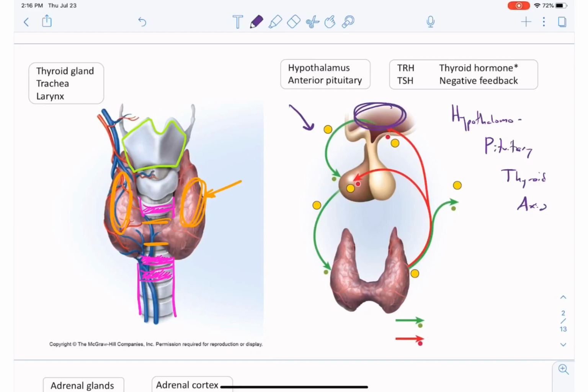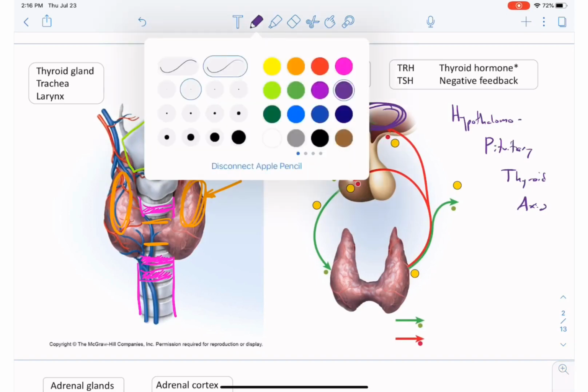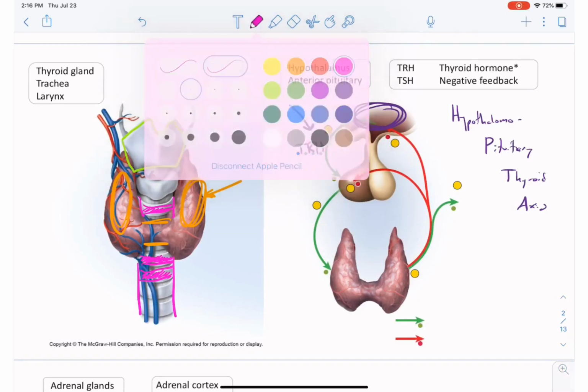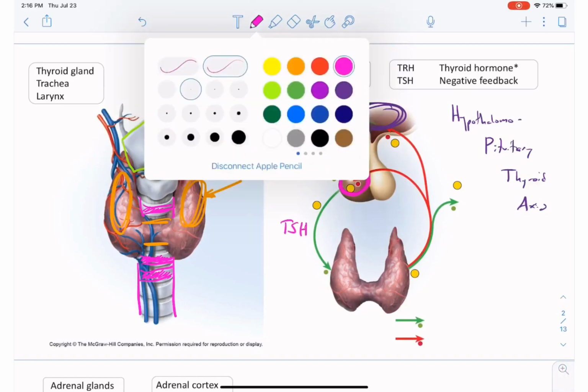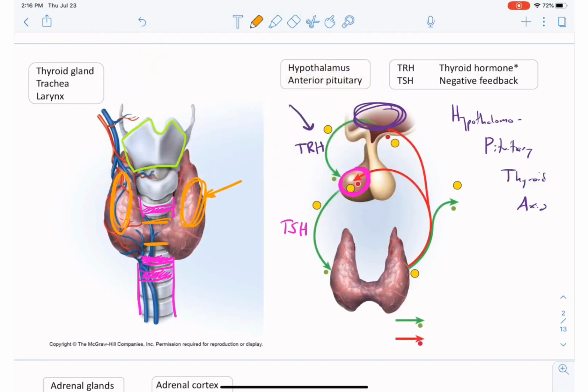This is the hypothalamus, and the hypothalamus releases TRH into the hypophyseal portal system, and that TRH acts on the anterior pituitary. In response, the anterior pituitary produces and releases thyroid stimulating hormone. That thyroid stimulating hormone goes into the systemic circulation, and it binds to receptors on the thyroid gland.